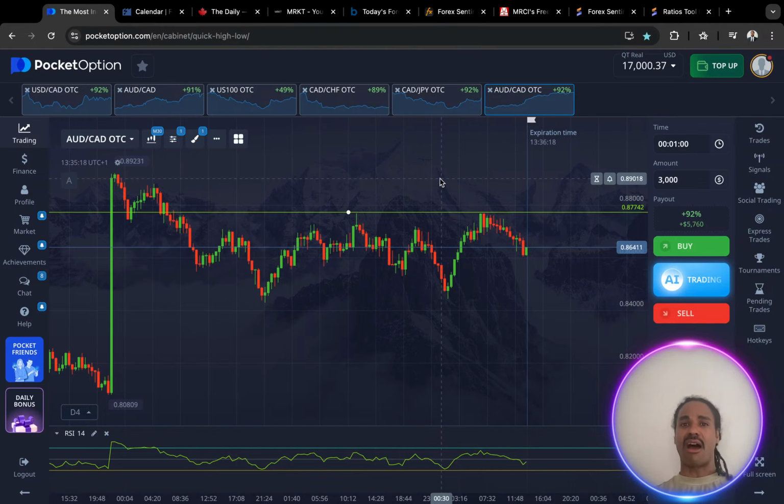We have the USD CAD, the Australian dollar CAD, the Canadian Swiss franc, the Canadian Japanese yen, and the Australian dollar and Canadian dollar again, but that is OTC. There are many other relevant pairs, but in this case, we are going to focus on the USD CAD.